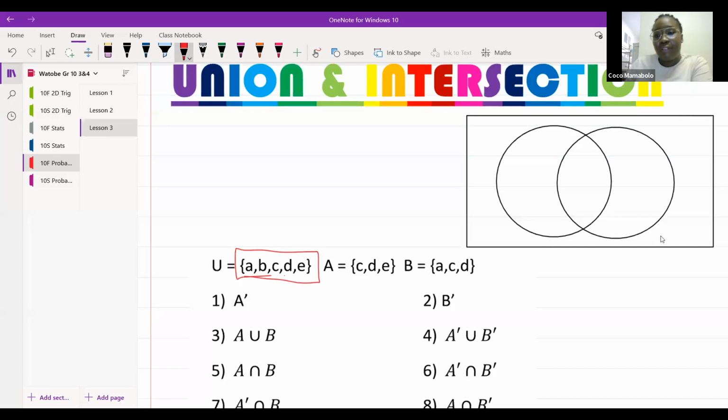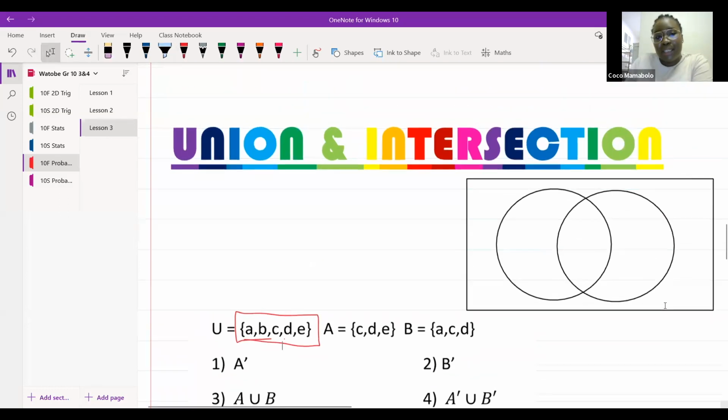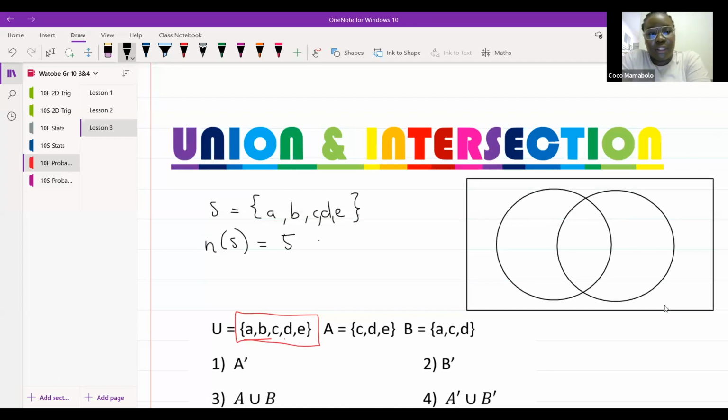Correct, we have 5. So our universal sample space, S, is A, B, C, D, and E. But the number of elements in our sample space is 5. Are you seeing the difference there? There's a difference between what the actual numbers are and how many numbers there are.